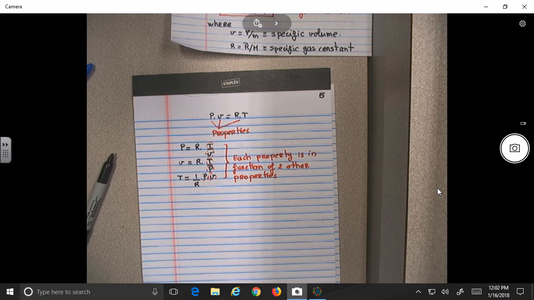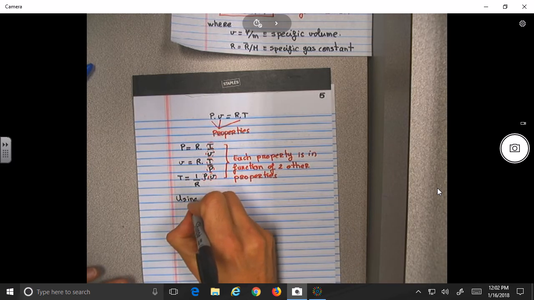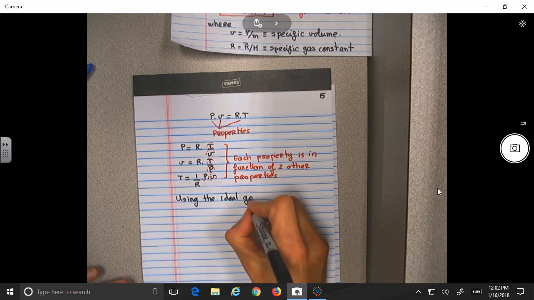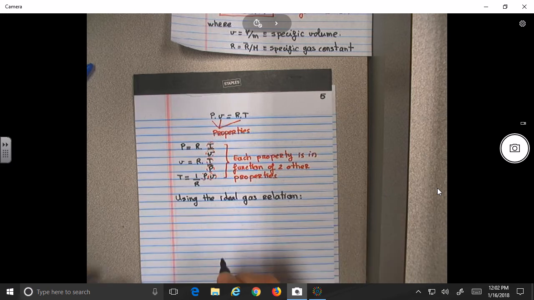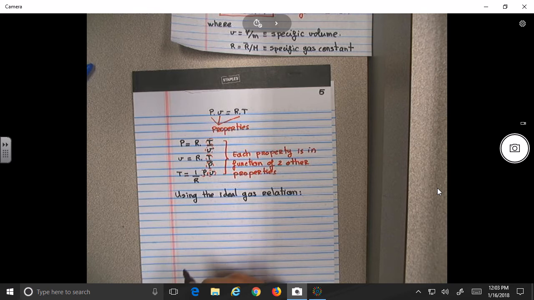Do you want me to do a general mathematical example, or use the relation PV equal RT? Okay.